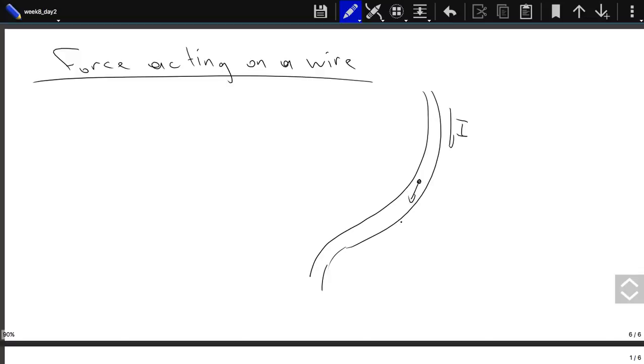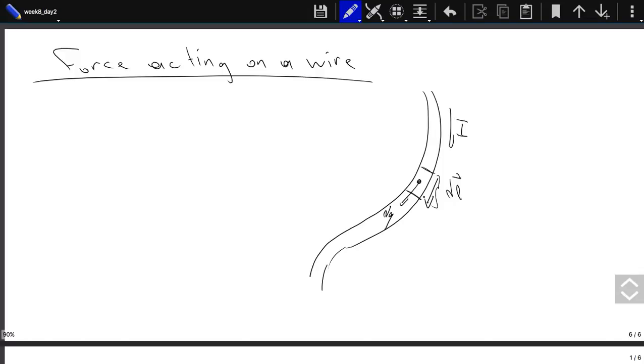Let's say a charge dq moving in that direction. Now let's just take a very small segment of our wire. This is dl. This vector is our dl vector.